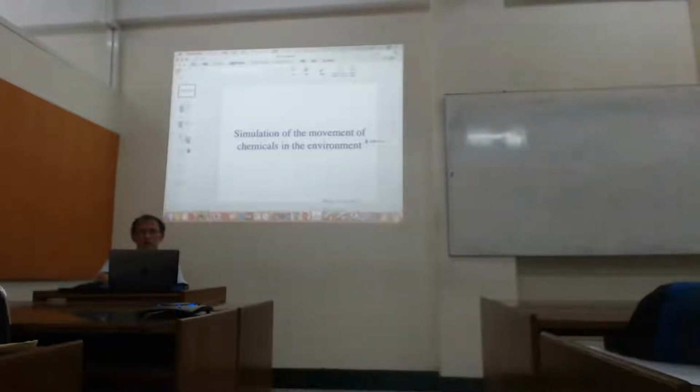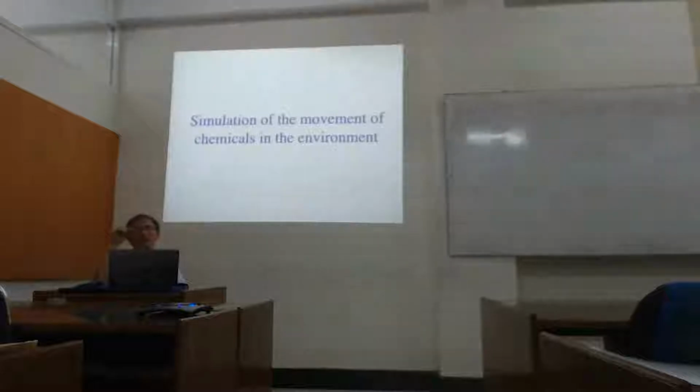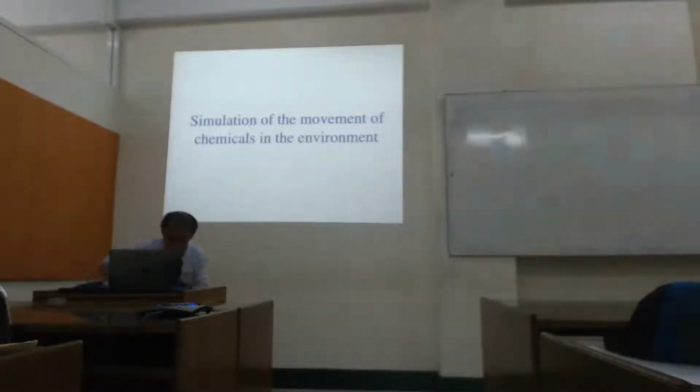First I explain the theory of computer simulations of environmental pollutants, and then I hope you can use the macro or the program by yourself and change some of the parameters. Now, simulation of the movement of chemicals in the environment.